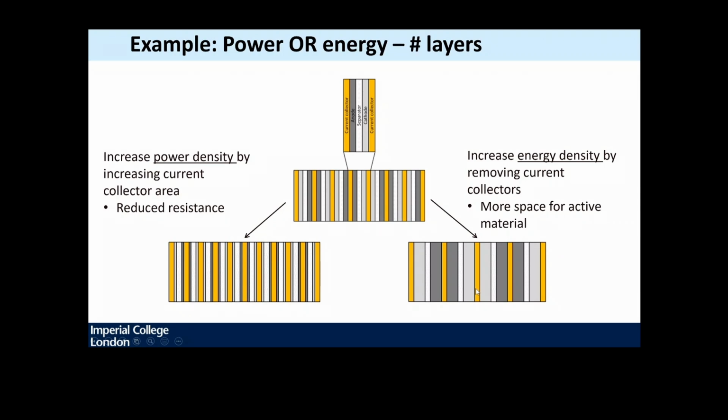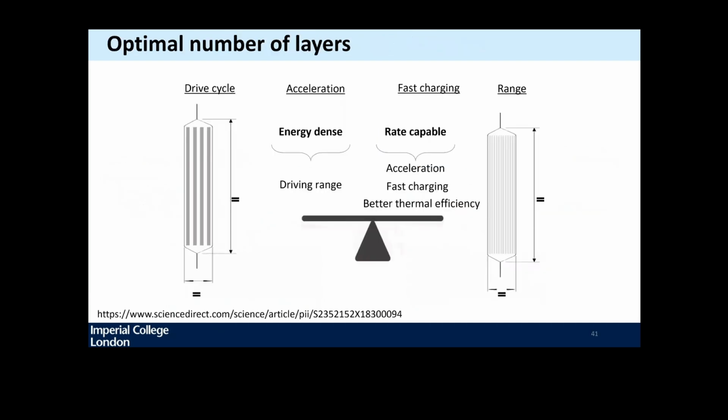While on the right-hand side, you will get a battery that is more energy-oriented, so it has a higher capacity because more of the space in it is used for storing lithium, but that lithium is only available if you wait long enough, so it cannot deliver high powers. It's a long range, but you always have to draw low currents from it in order to achieve that long range.